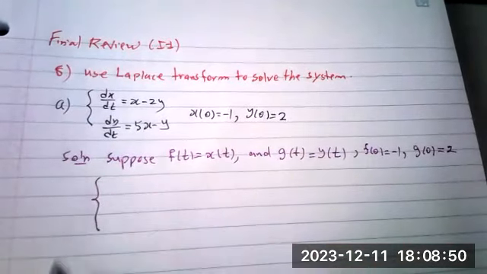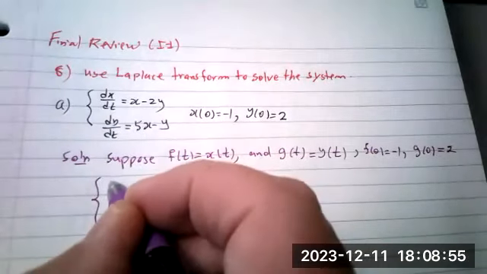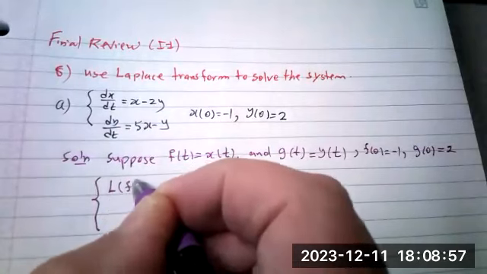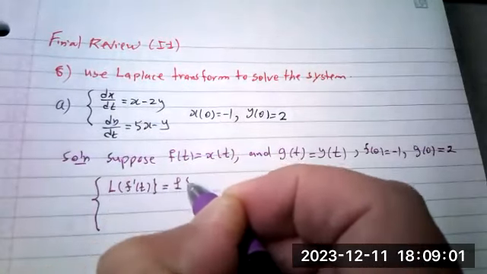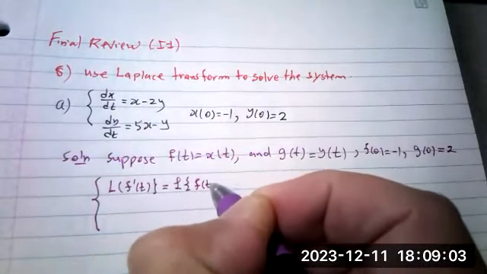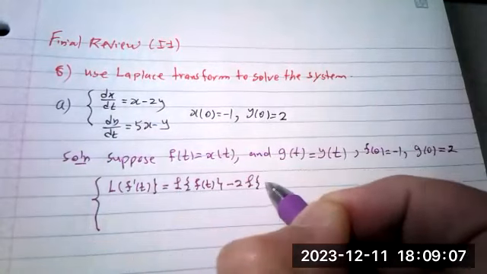I'm going to take the Laplace transform at the same time. So it's going to be Laplace of f prime of t equals Laplace of f of t minus 2 Laplace of g of t.